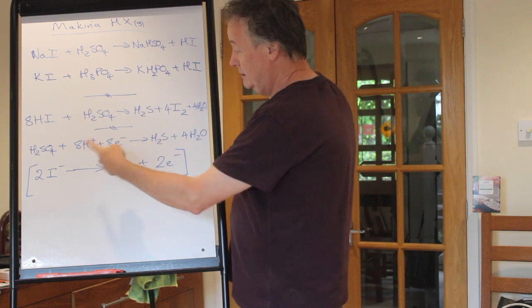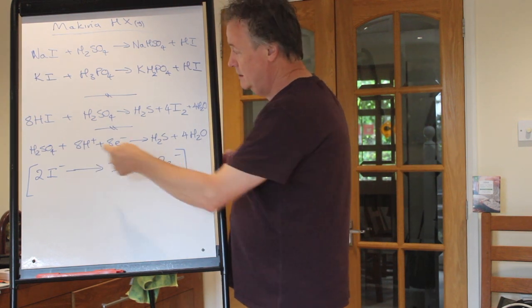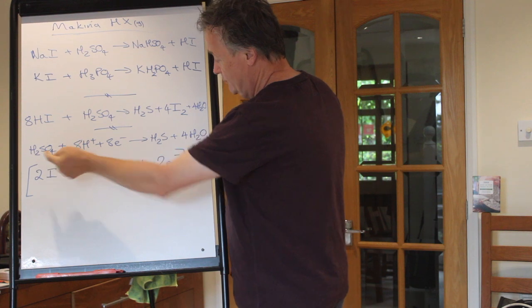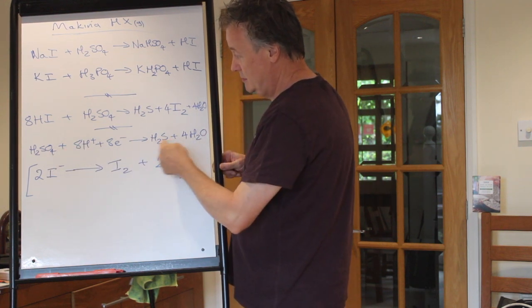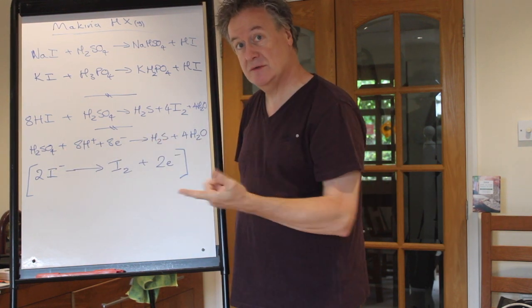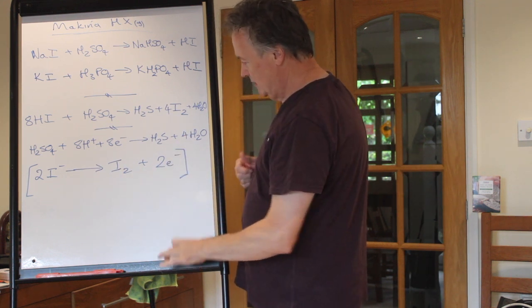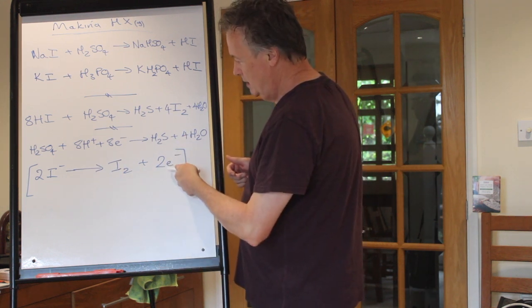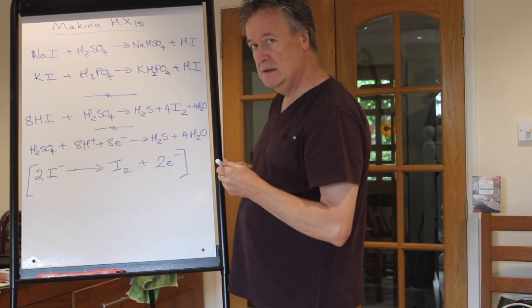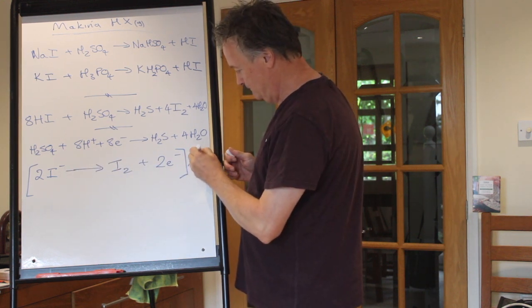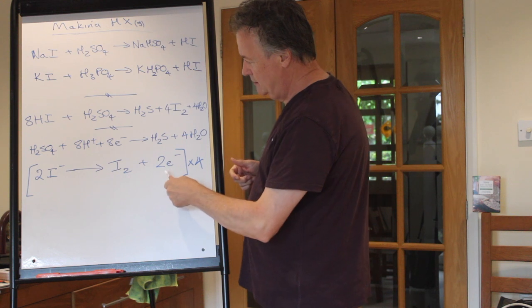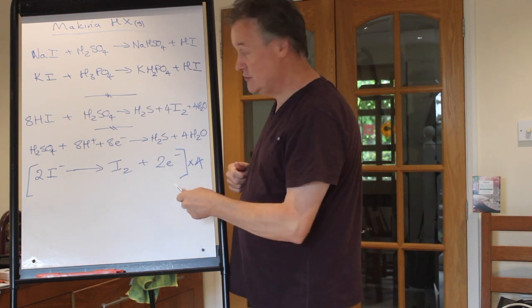Now you can see the oxidation number changes in here. There's the sulfur at 6, the sulfur at -2. And that's why it needs 8 electrons, because there's an 8 drop in oxidation number. To match that, you're going to need that 4 times, because that will then produce the 8 electrons that you need.